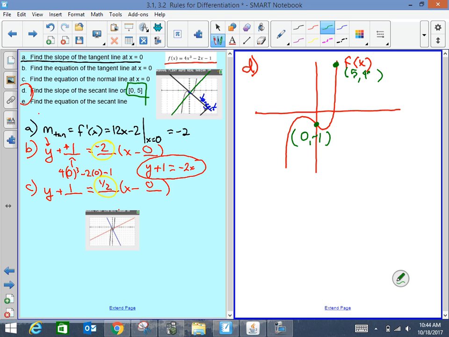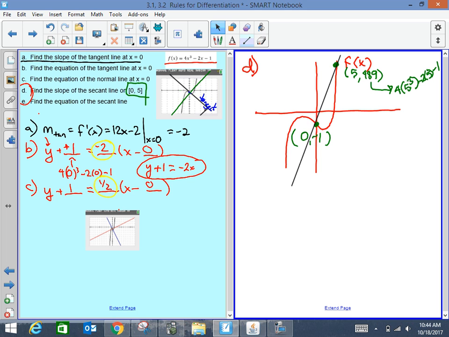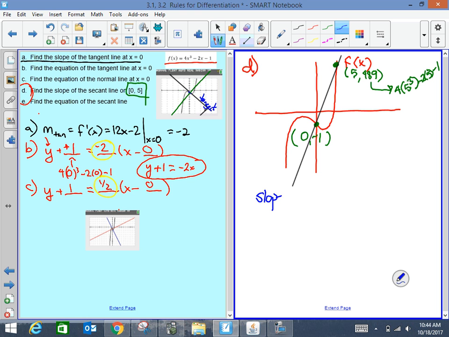If you wanted to find this value, remember you just plug in 5: 5 to the third minus 2 times 5 minus 1. It's 489. Okay? So we are looking for that slope. How do we find the slope given 2 points? Slope formula. A lot of you have that in your calculator.